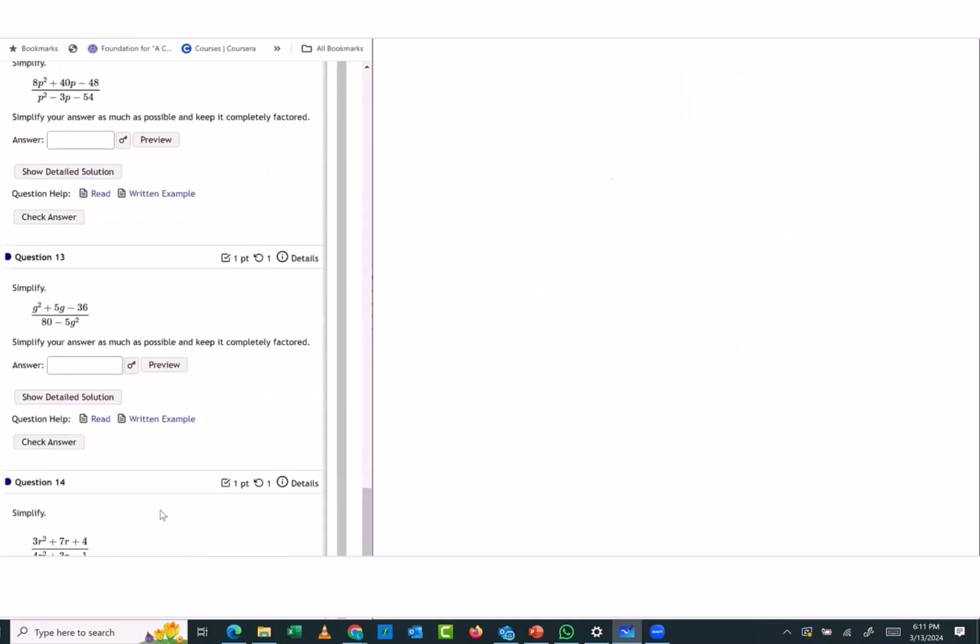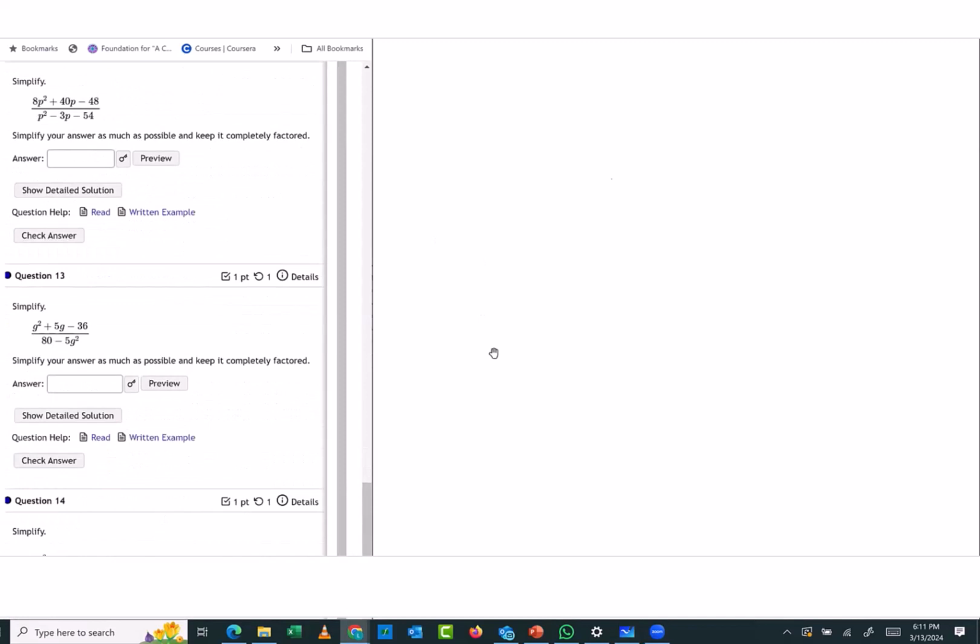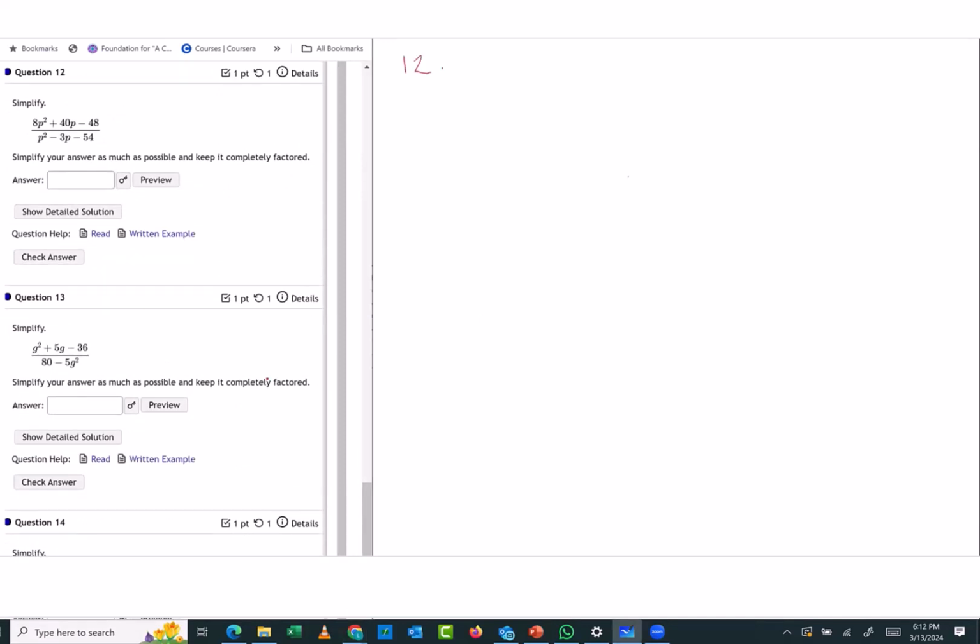All right, these are mostly the same. I'll do 12. I have 8p squared plus 40p minus 48 divided by p squared minus 3p minus 54. First step, again, I have to factor.